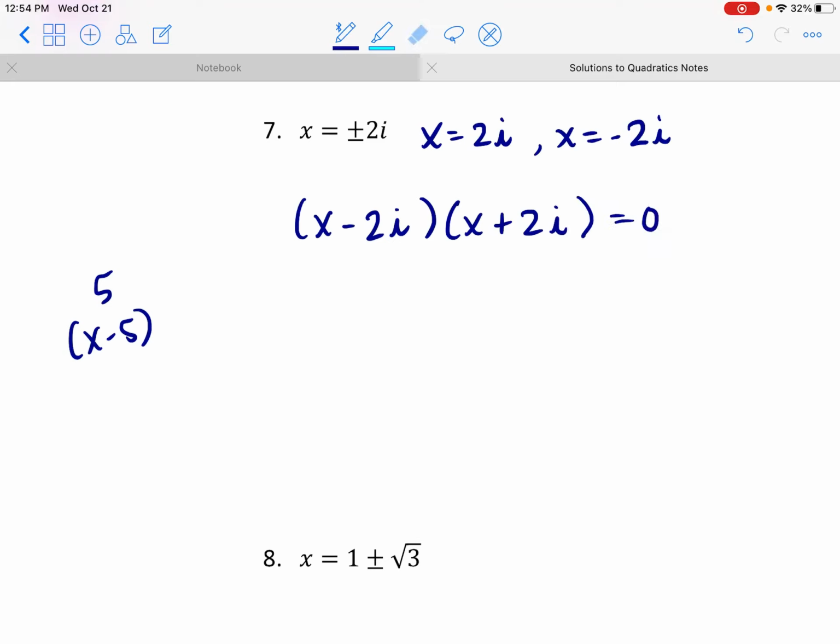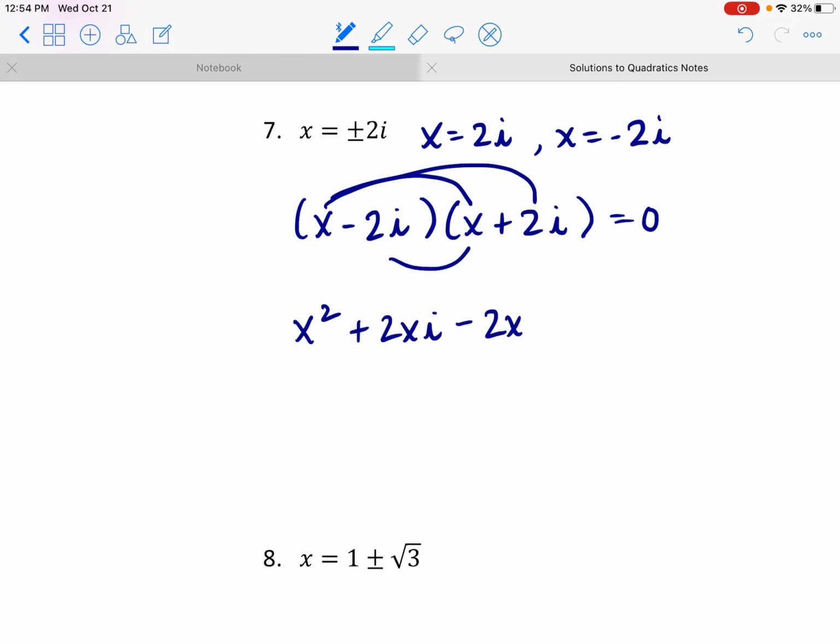Now I know when we factor, we don't see any factors that look like that, but it's still true, right? If you have a number as a solution, x minus that number is a factor. So let's multiply this out, because the factored form does not look reasonable here. We're multiplying conjugates here, right? We're going to get an x², and then this weird 2xi, and this weird negative 2xi.